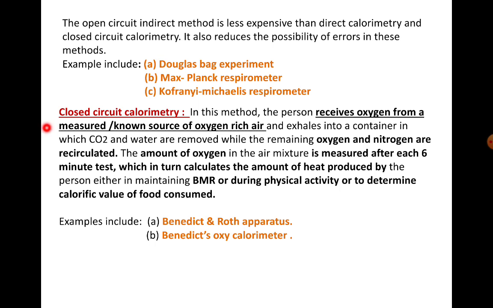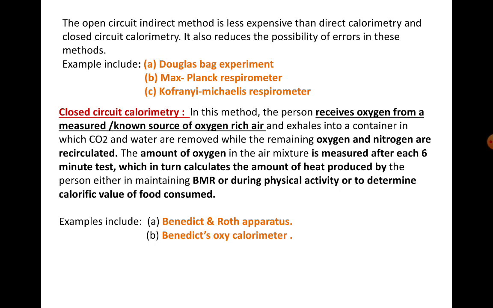So coming to closed circuit calorimetry, in this method, the person receives oxygen from a known or measured source of oxygen-rich air. In open circuit, what had happened? Oxygen was not known. He was just allowed to breathe in the normal room.